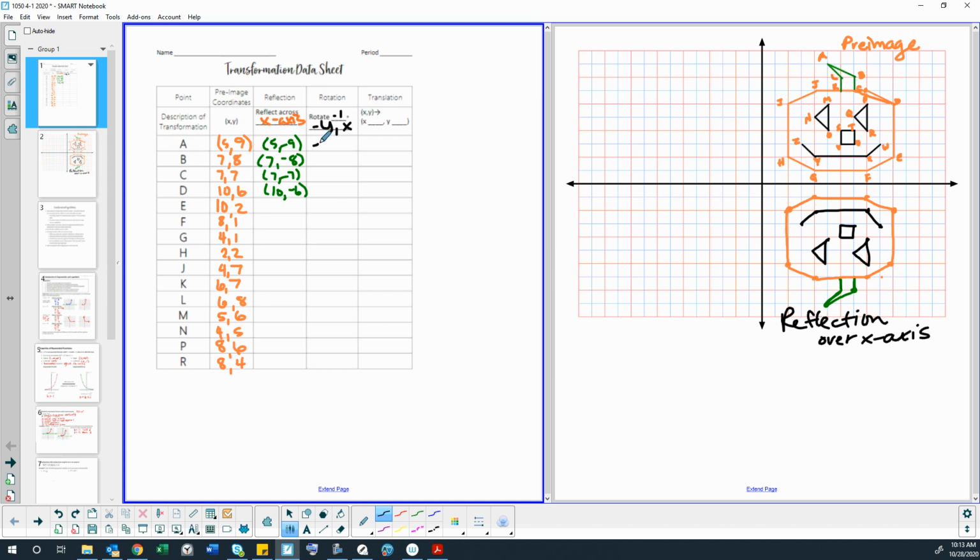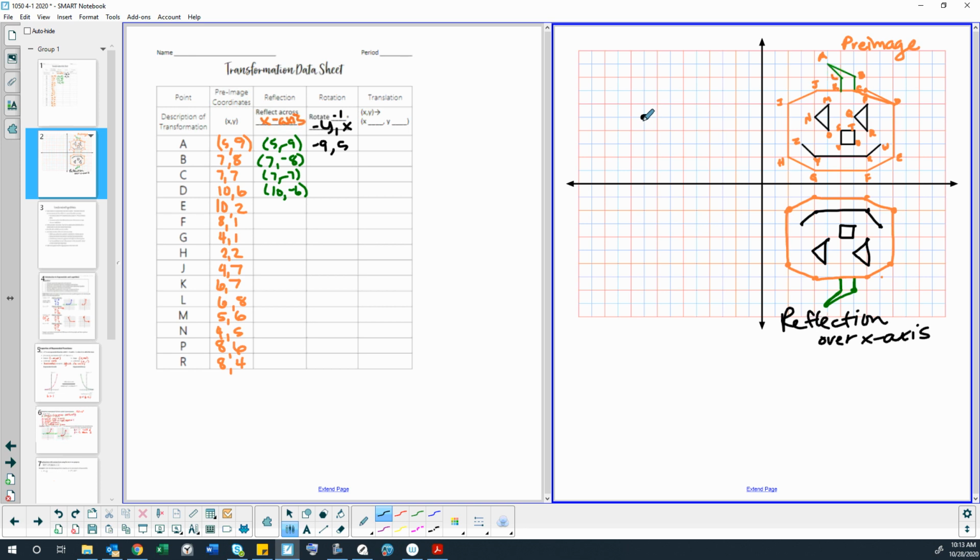Okay, so let's try this. So -9, +5. So -9, 2, 4, 6, 8, 9, +5. 1, 2, 3, 4, 5. Okay, technically that should be green for my stem, right?